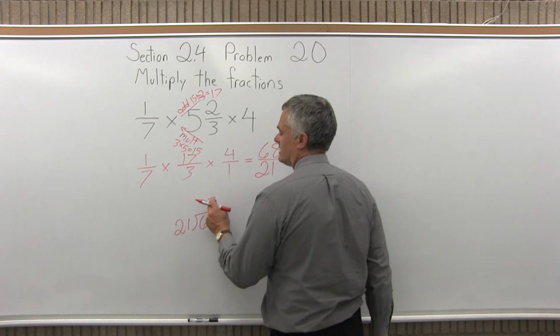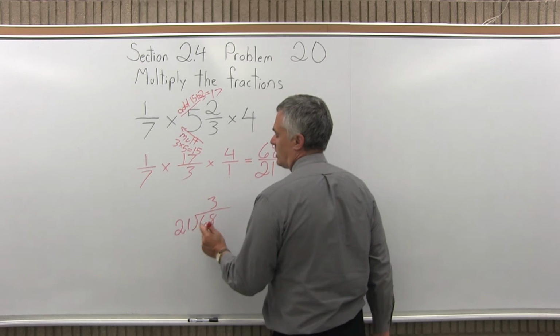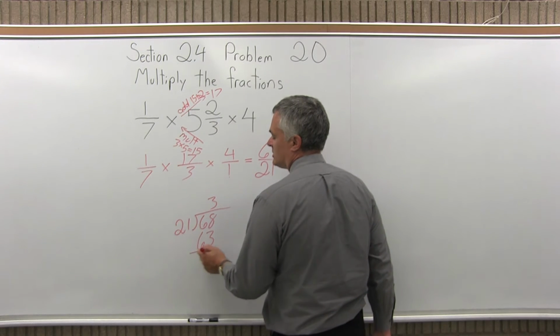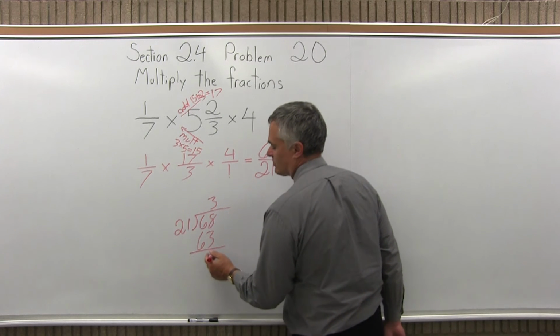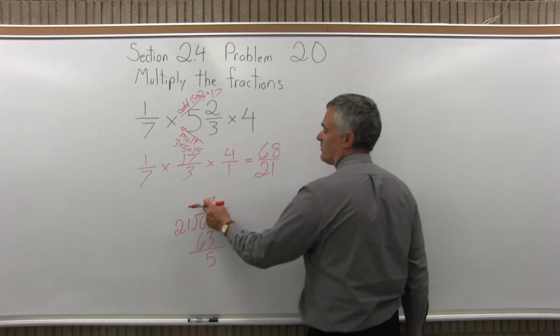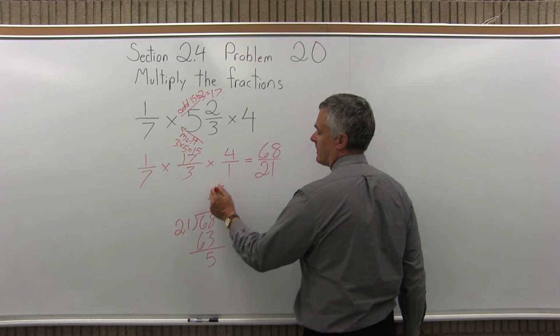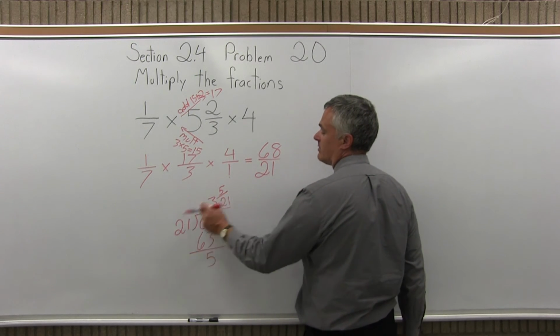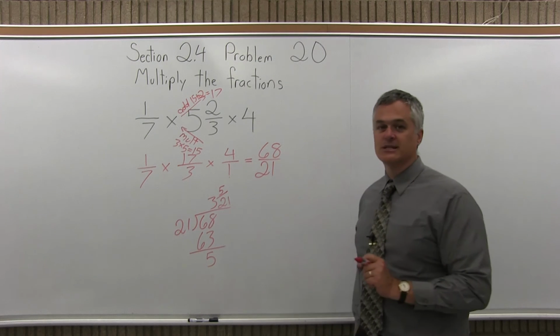So it'll go in 3 times. 3 times 1 is 3. 3 times 2 is 6. So now I have 68 minus 63. My remainder is 5. So the number in front is the whole number. The remainder is the numerator. And the denominator, the number outside of your division, stays the denominator.